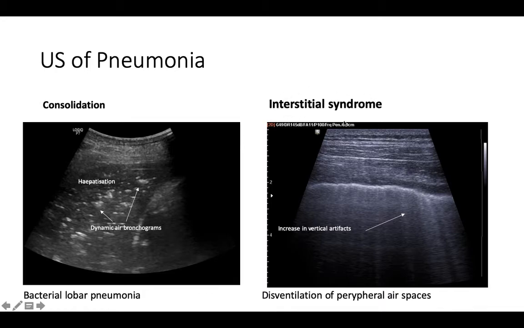pneumonia is the interstitial, so-called interstitial syndrome. That is an increase in vertical artifacts that starts from an irregular pleural line. These aspects mean an initial disventilation of the surface of the lung, of the peripheral air spaces.